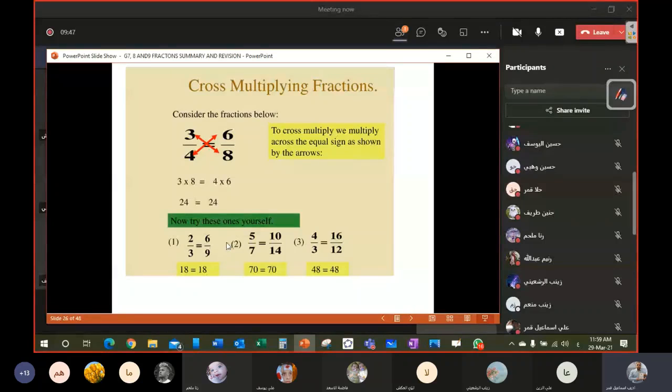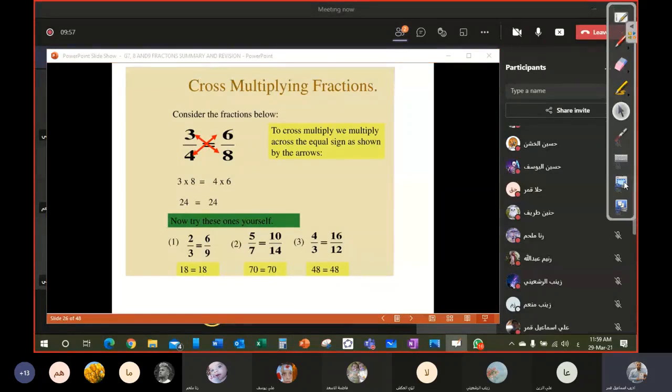Yalla, the first one, what do we do here, ya Haneen? It becomes 2 times 9 and 3 times 6.